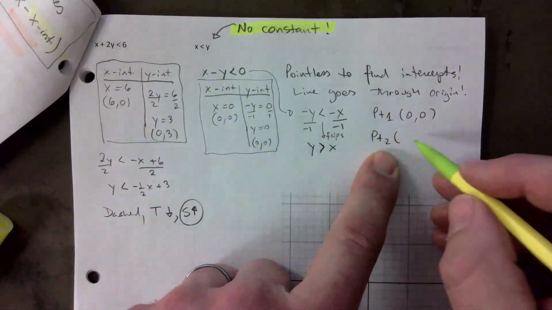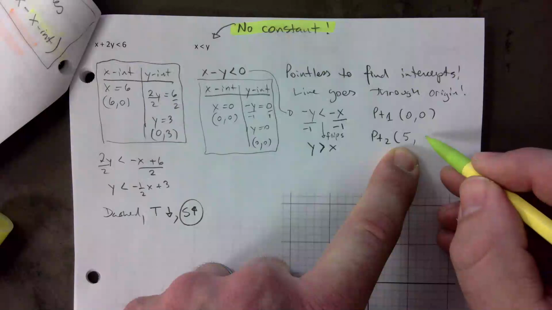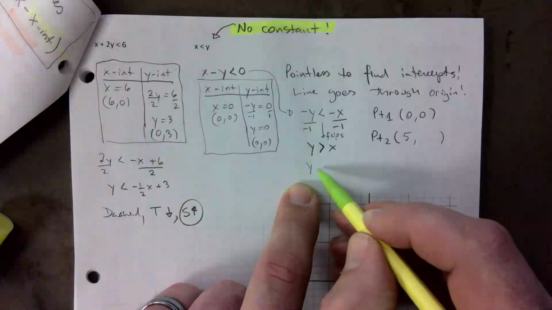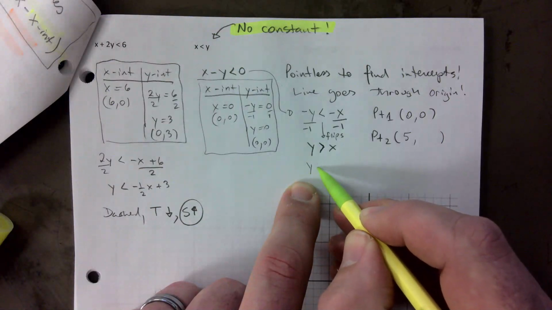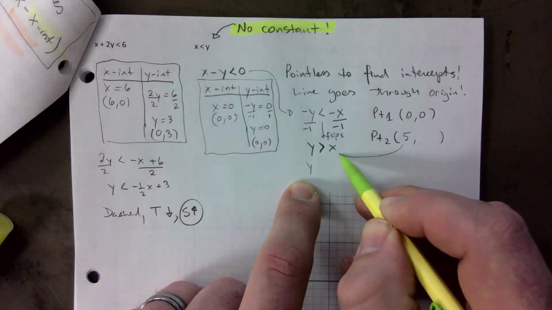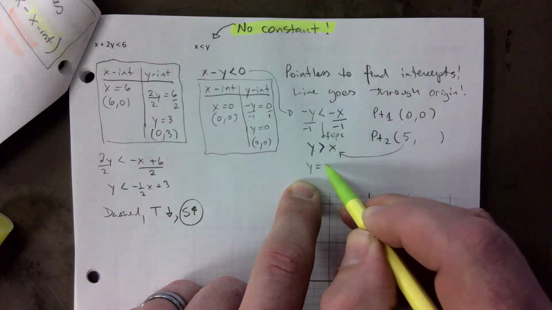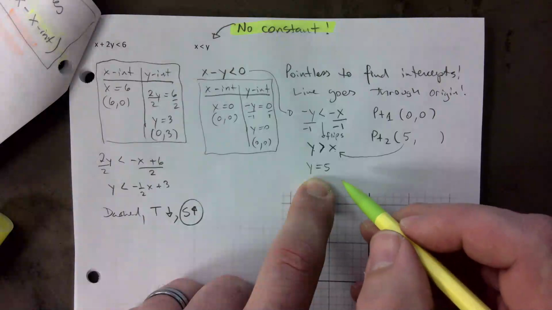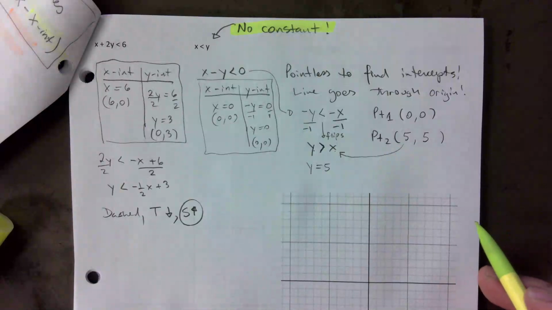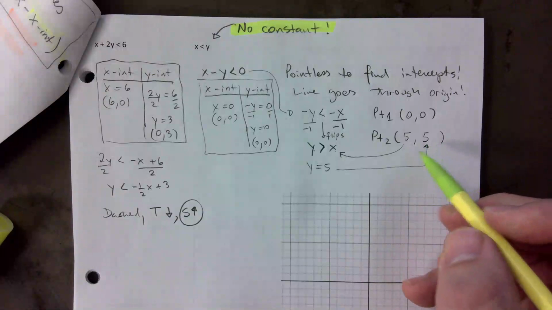So I'm going to let x be 5 and then figure out this part right here. So I'm going to plug in the 5, and if x is equal to 5, then y is also equal to 5. So the second point that you've just determined is 5, 5 in this case. So this is point number 2.